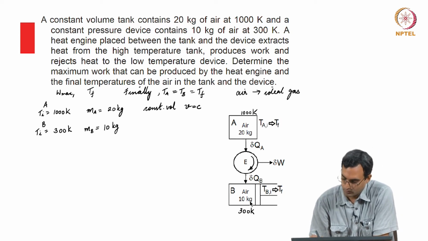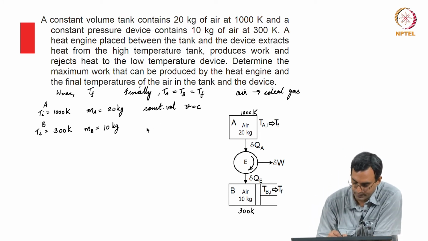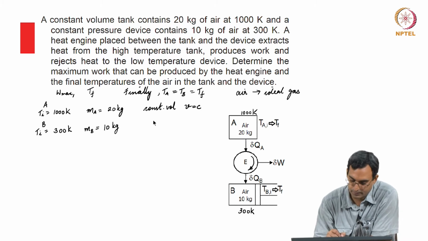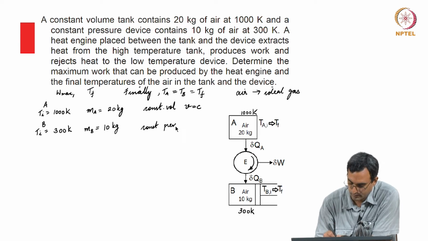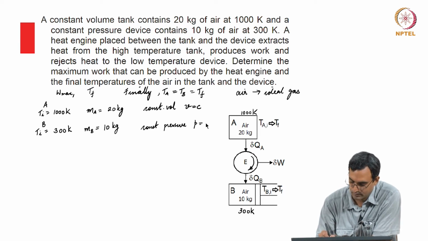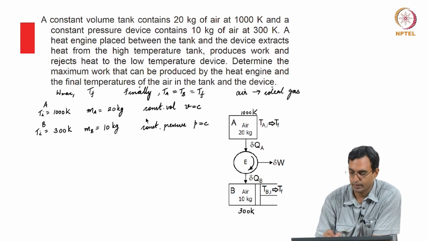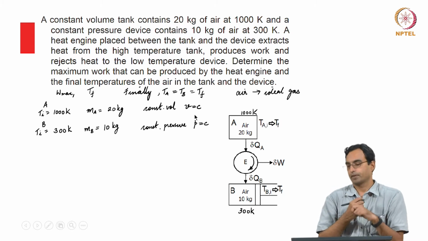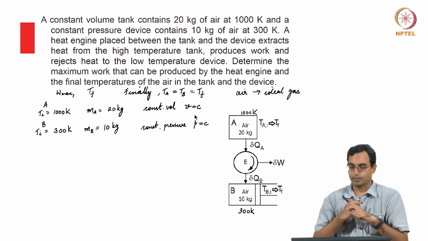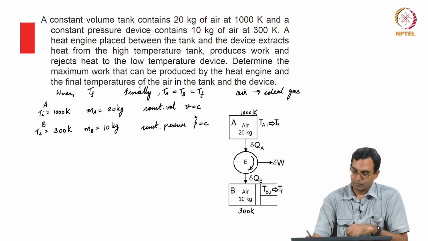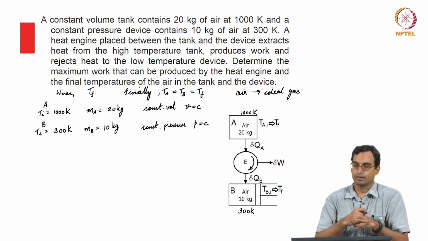So, I am going to assume that this is a constant pressure process in B because it is a piston cylinder arrangement. So, in A I have a constant volume process, in B I have a constant pressure process against, from what it looks like, some ambient pressure.